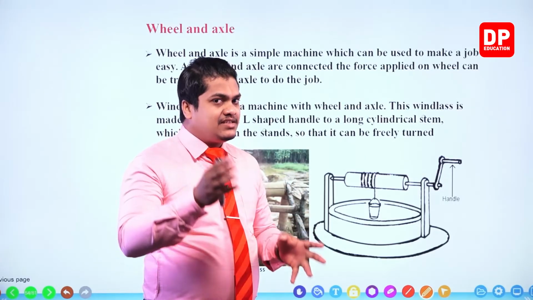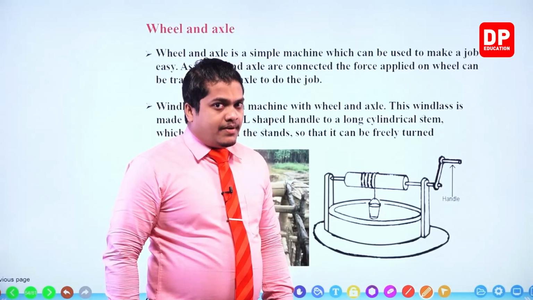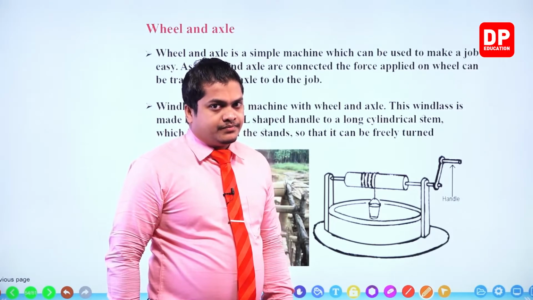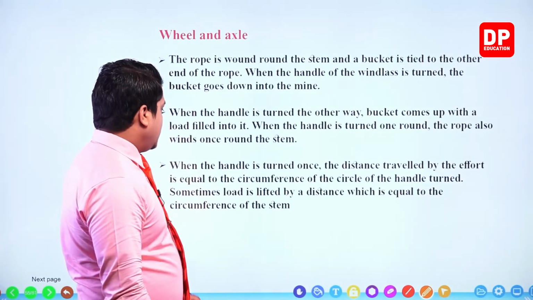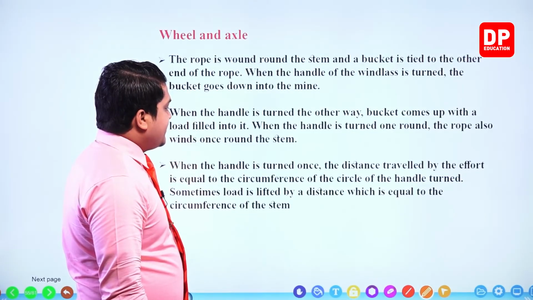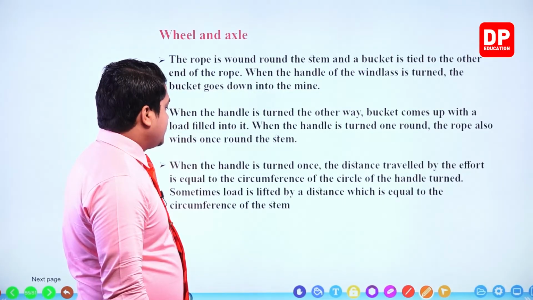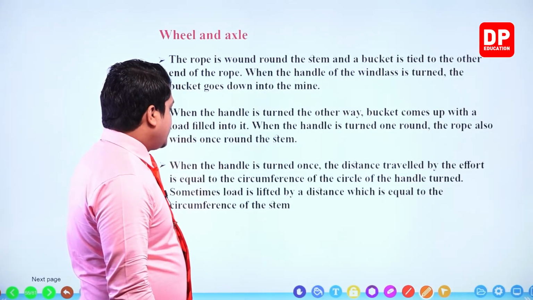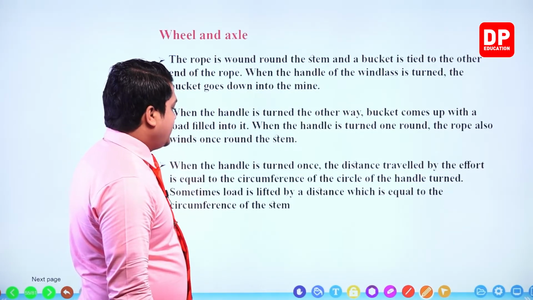That circumference is exactly equal to the distance traveled by the effort. Then, at the same time, the load is lifted by a distance which is equal to the circumference of the stem.